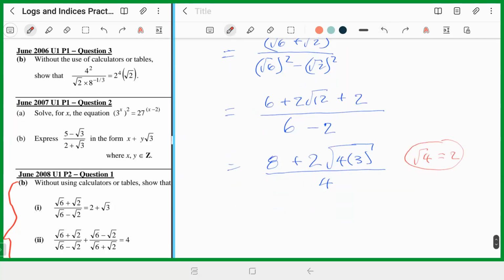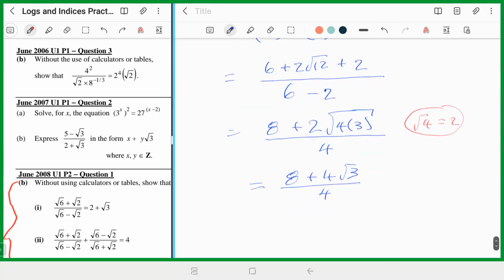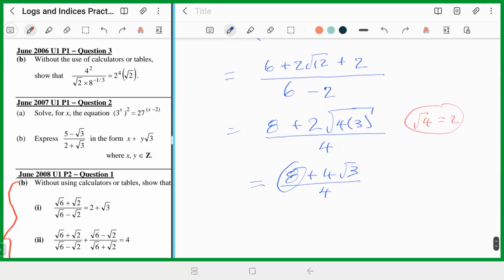So it's going to work out to be 8 plus 4 root 3 all over 4. When I divide this by the 4, I get 2. The 4s cancel and give me plus root 3. Therefore shown. I've shown it.